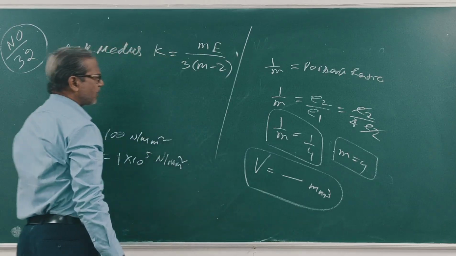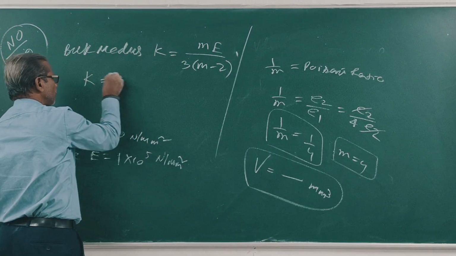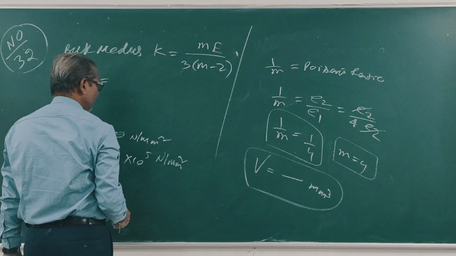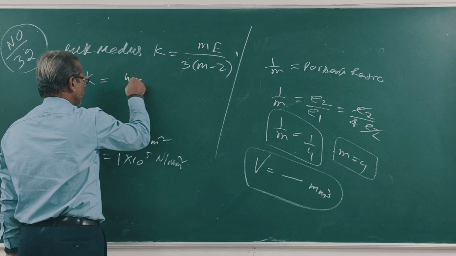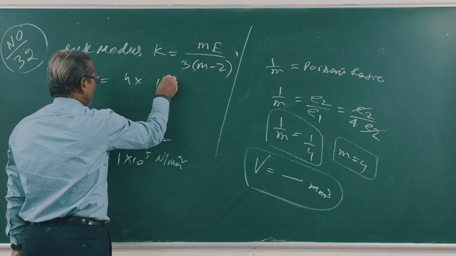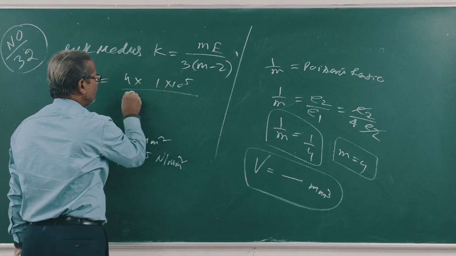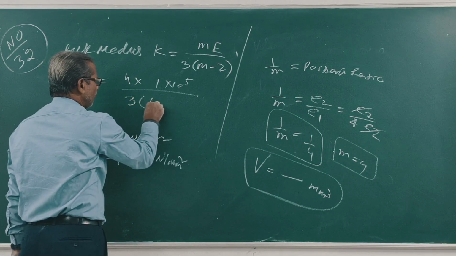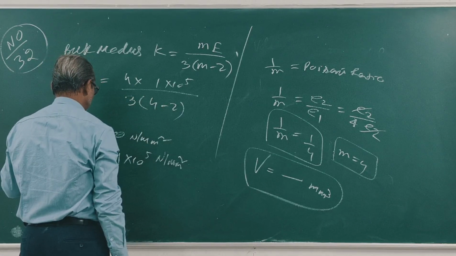So K is equal to M E, M means 4 into E, 125 by 3 into 4 minus 2. Clear?